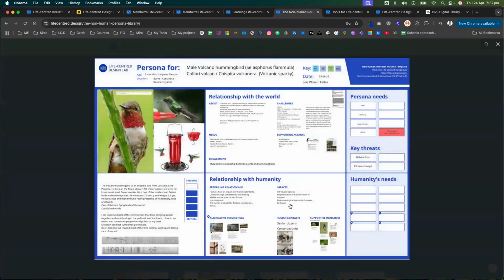As an example, this is one that was made by a student for the hummingbird. He was addressing these hummingbird feeders that people make, but they're made of plastic. They're full of sugar. The birds get addicted to them. But they give comfort to people, particularly elderly. This gentleman worked in an elderly home, and so he's trying to look at how can that still have some purpose, but redesign in a much more eco-friendly way, but also that relationship.